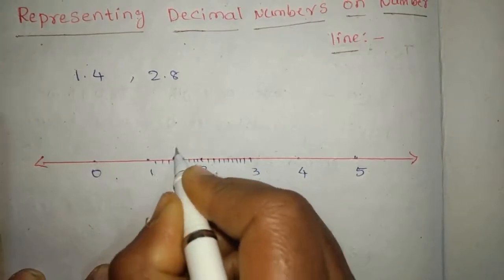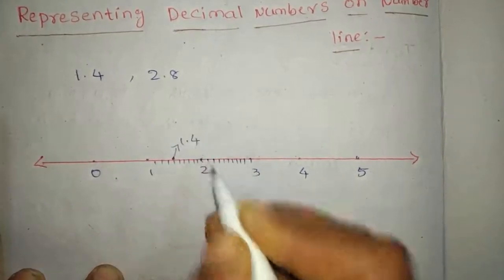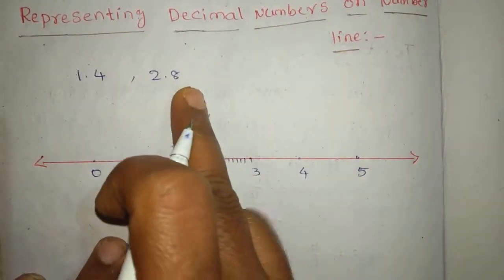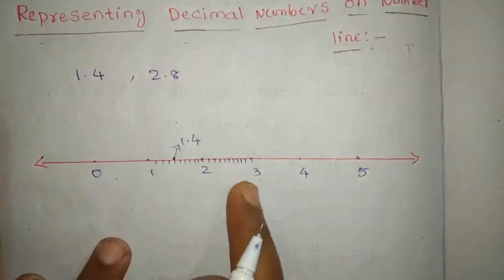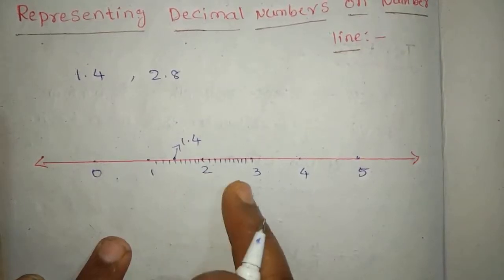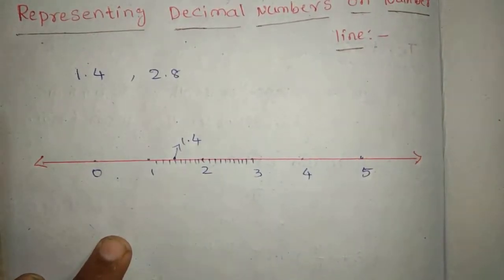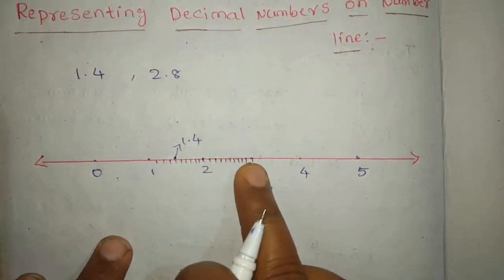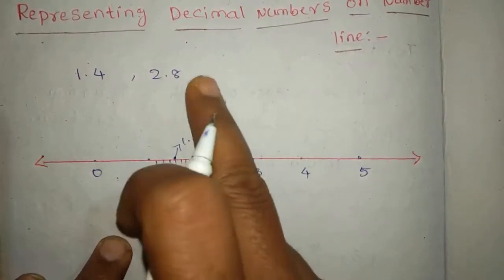So this represents 1.4. Now next, 2.8 on the number line. First 2 and 3. Here also we make 10 equal parts, and out of these 10 equal parts, we want the 8th part.